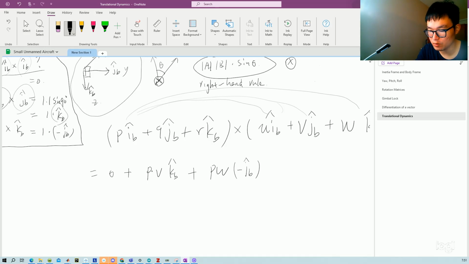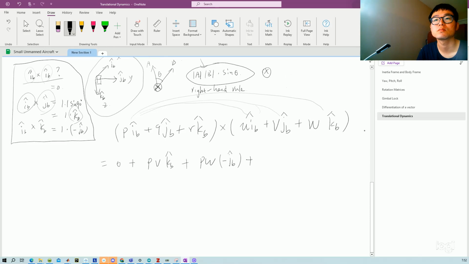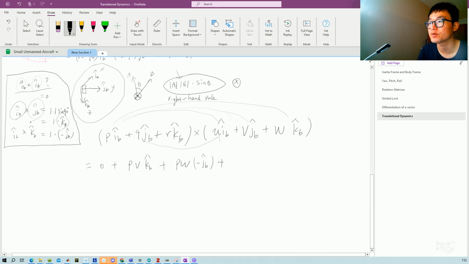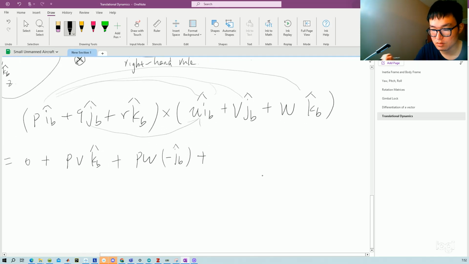And we also need to expand the second term. JB hat cross product with IB hat, you can prove to yourself, is negative KB hat.